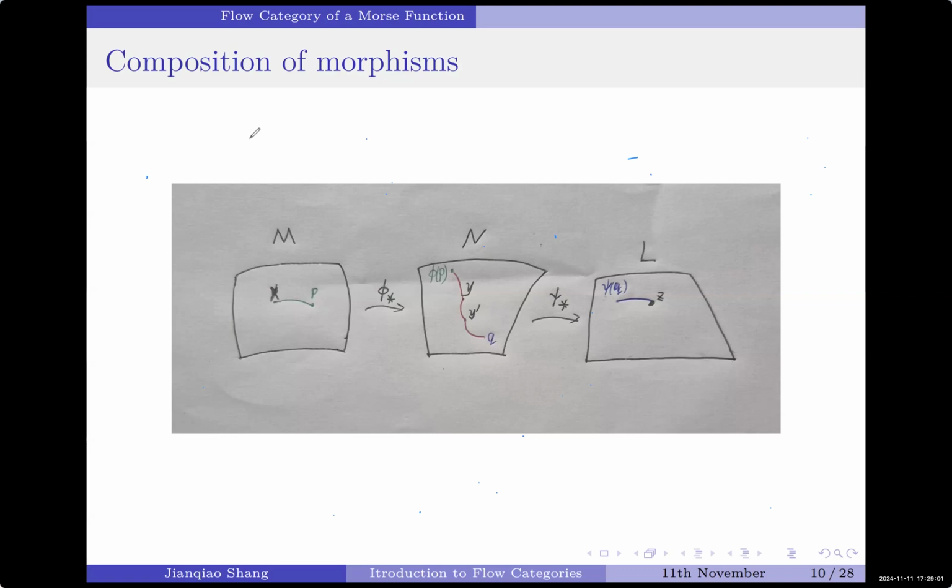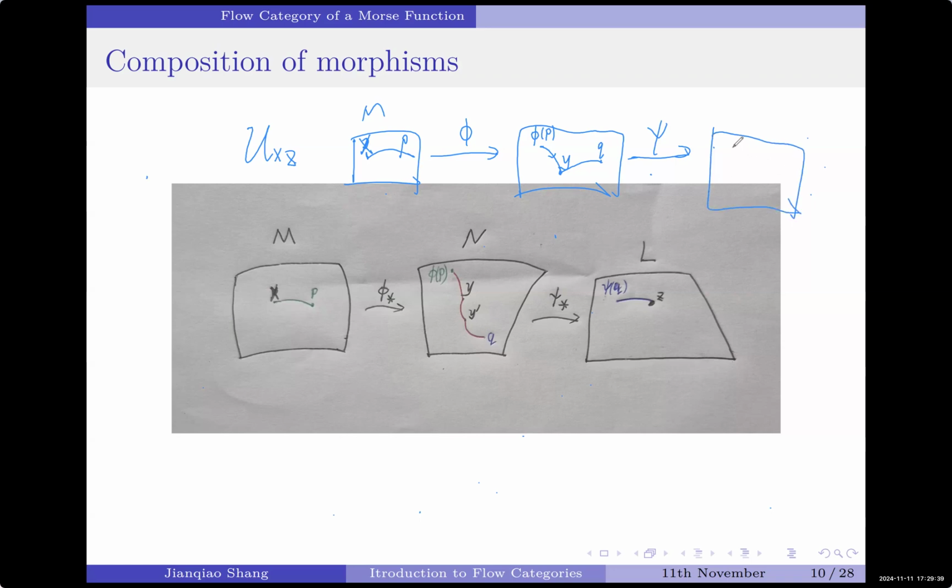The manifold UXZ consists of three parts. Usually it goes from X to some point P in M, and after phi is mapped to some phi P, and flows to point Y, and from Y it flows to a point Q, and after your map C, this is Q and is flowed to another point Z. So that's what you want to have in UXZ.